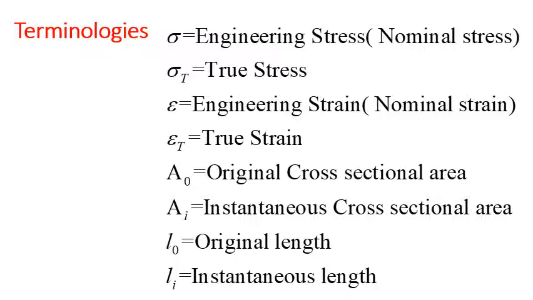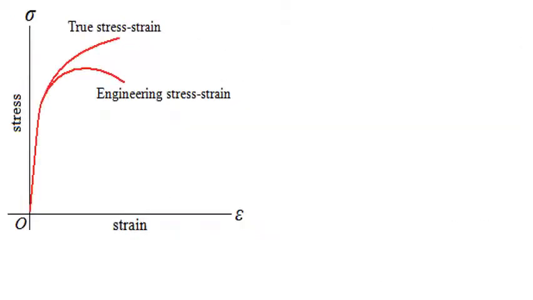A suffix naught is the original cross sectional area, Ai is the instantaneous cross sectional area, L naught is the original length, and Li is the instantaneous length. Remember, suffix t stands for true, suffix i stands for instantaneous, and suffix o stands for original. Remember this terminology, which we will use in the coming slides.